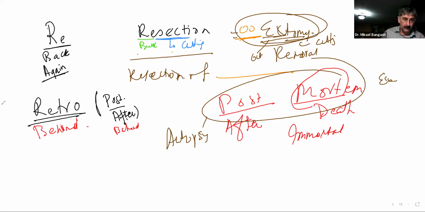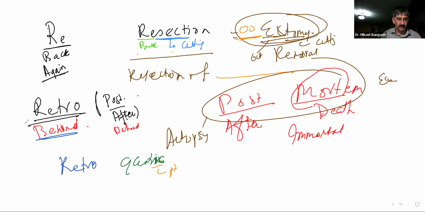Now, if you use the word behind for retro, you can say retrogastric. Gastric is pertaining to gaster, the stomach.